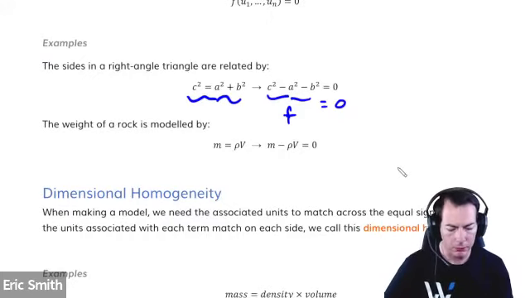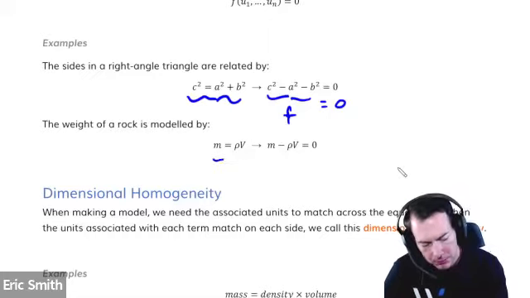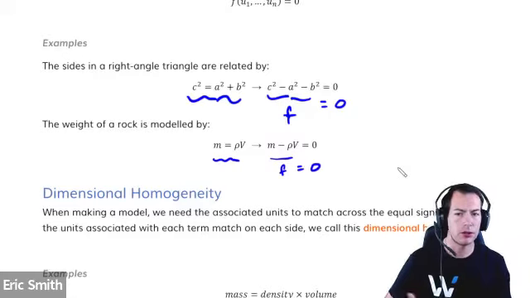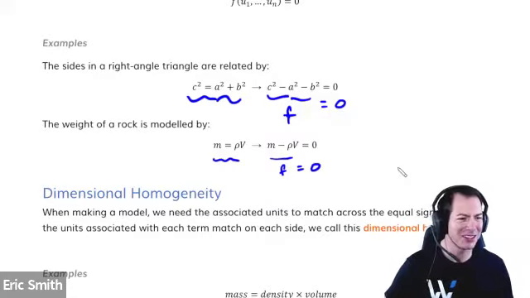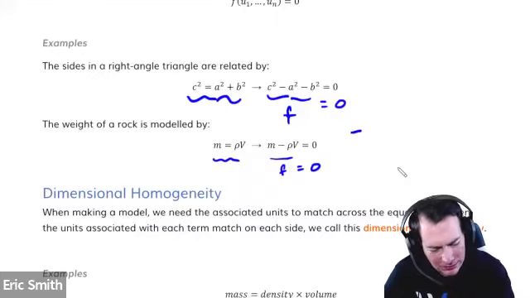Here's another model. This represents the weight of a rock. Maybe it's a very good model, maybe it's not a very good model, I don't know. But either way, I could shift everything over to one side, and then I'd have a function equal to zero. Let's see, what's a good example for other models? I saw one when I was going through various different notes that said something like time is equal to money.